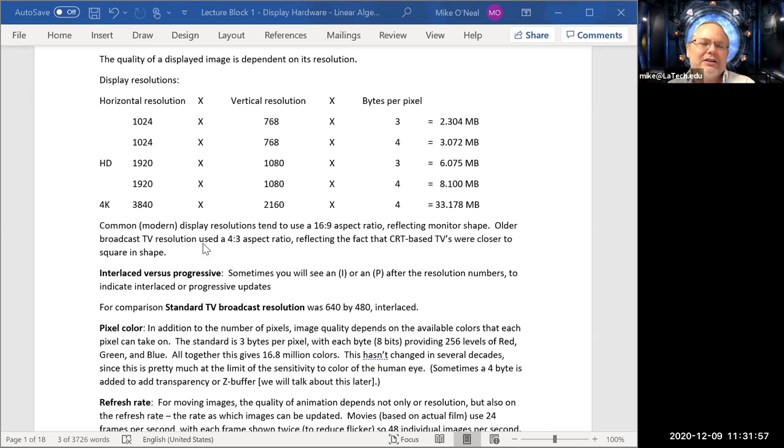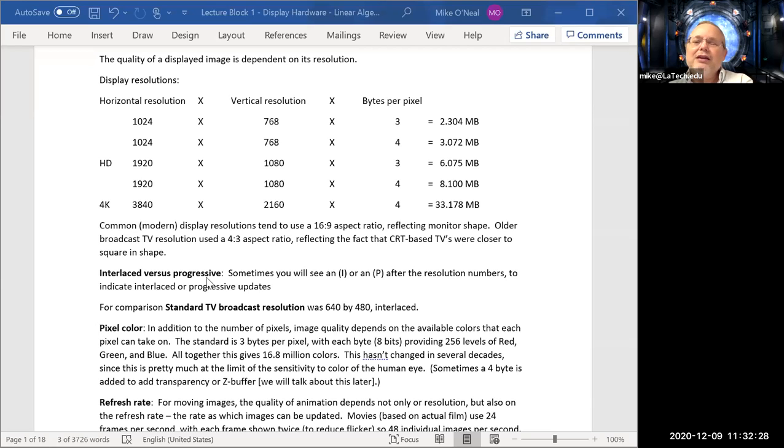Okay, so that's basically, we covered standard TV definition. We talked about interlace versus progressive. Progressive is when you draw every line on the screen per image. That's why you'll sometimes see an I or a P, not so much anymore, but you go back 5, 6, 7 years, you'll see the TV will talk about 1080i or 1080p.